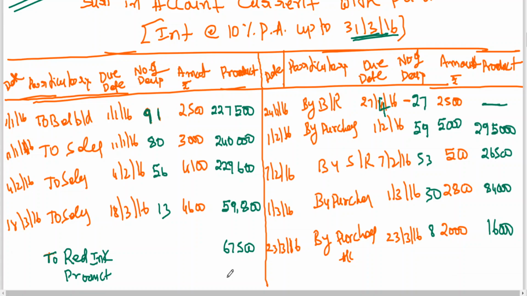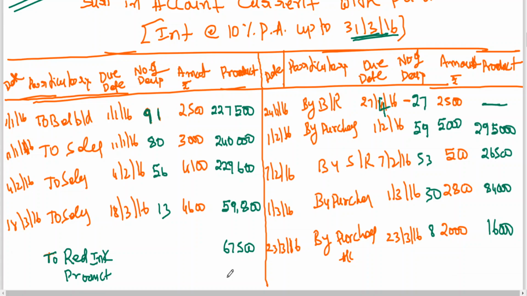Let us check the debit side is showing more: 2,27,500 plus 2,40,000 plus 2,29,600 plus 59,800 plus 67,500.